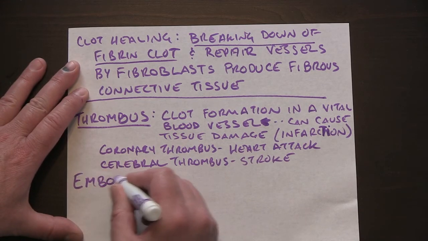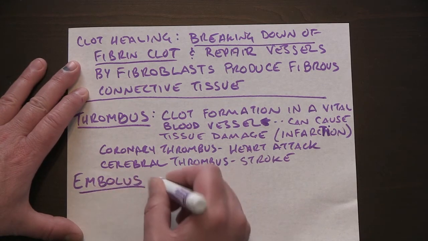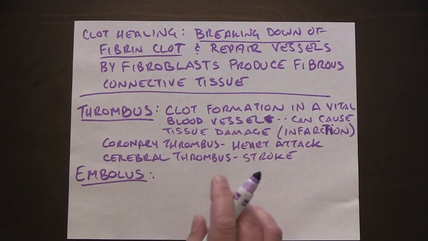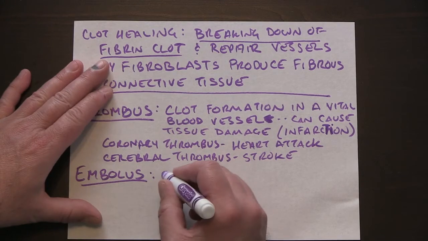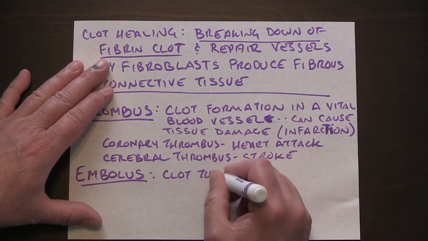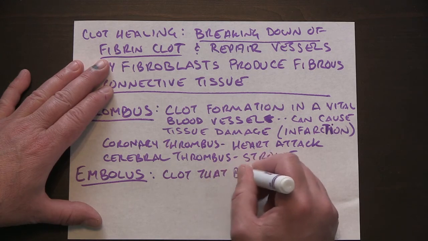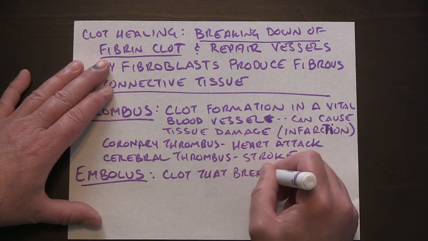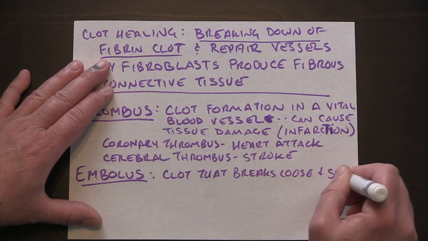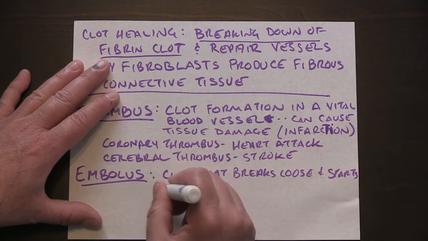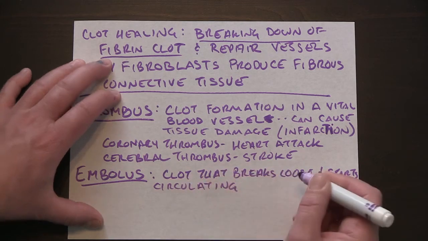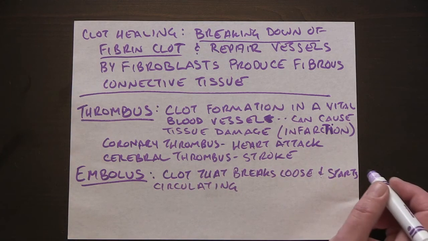You can also get a clot that breaks off from where it should be and then goes somewhere it shouldn't. So a clot that breaks loose and starts circulating can be problematic as well.